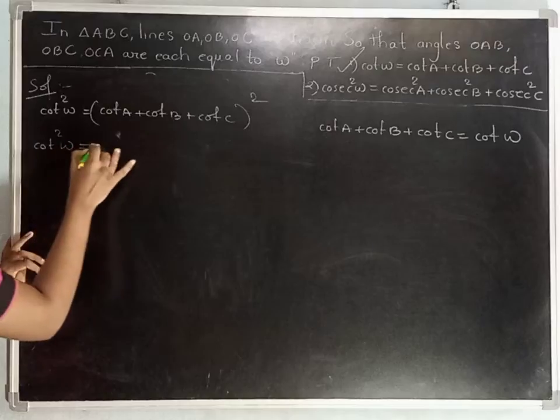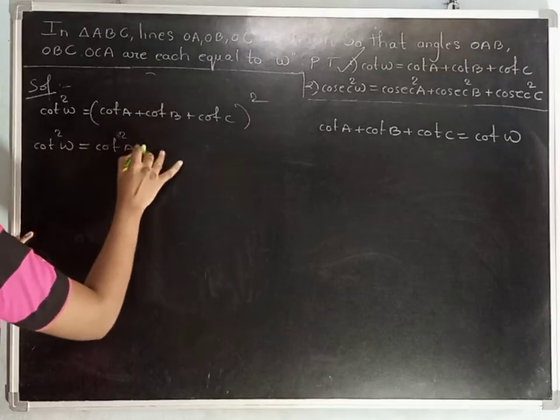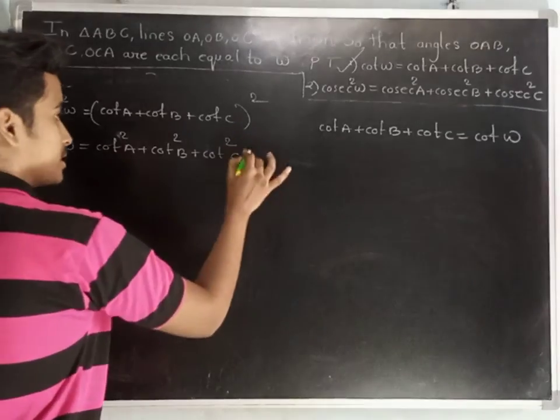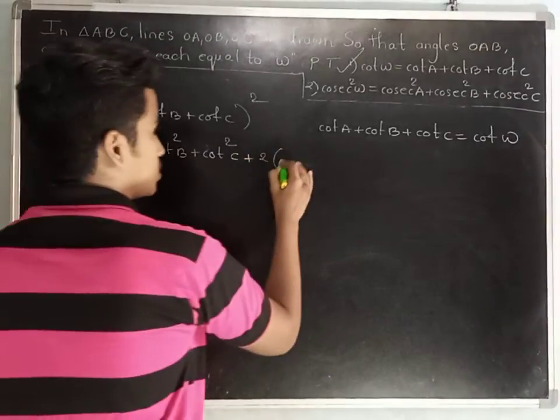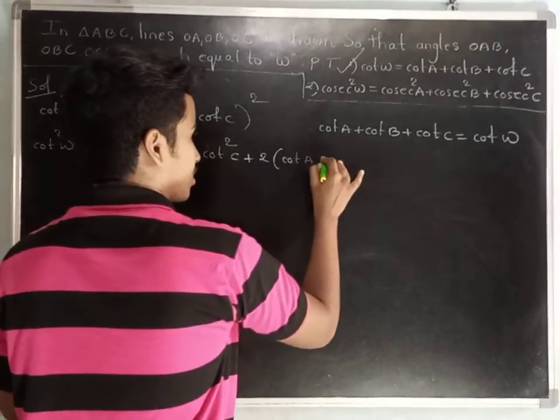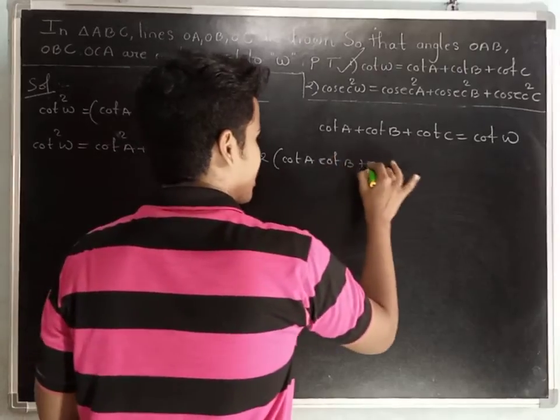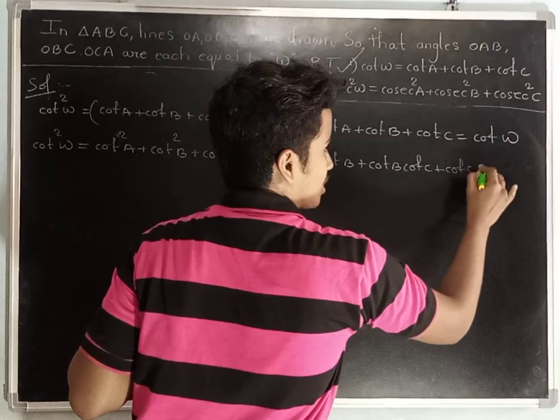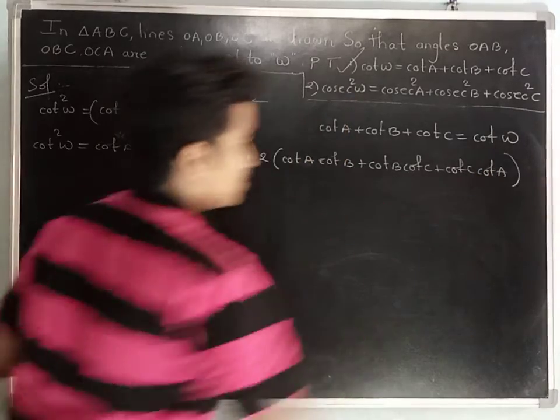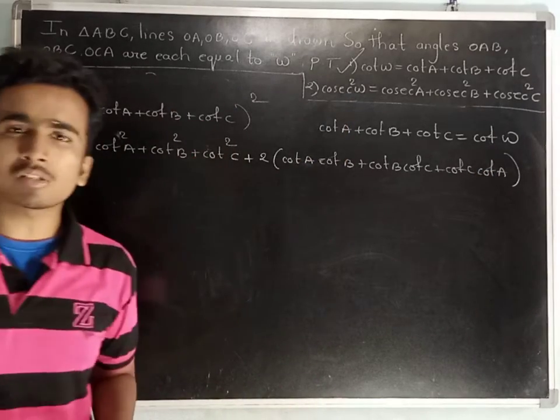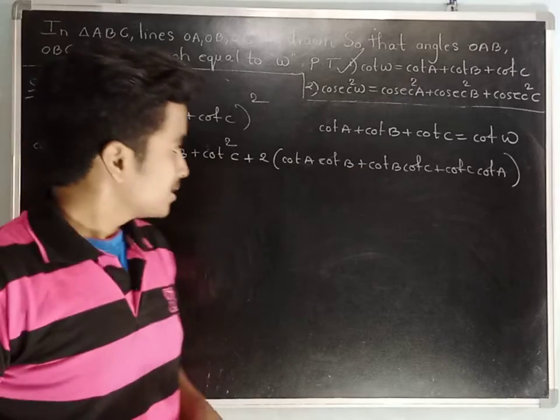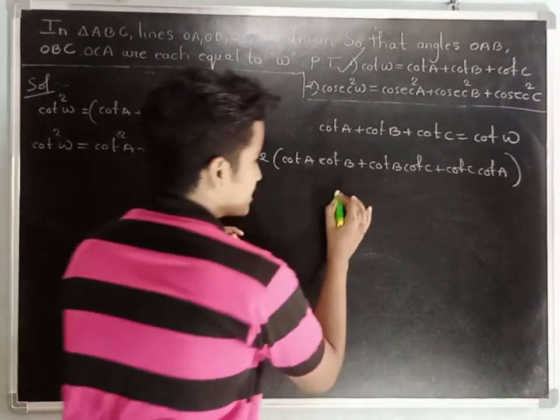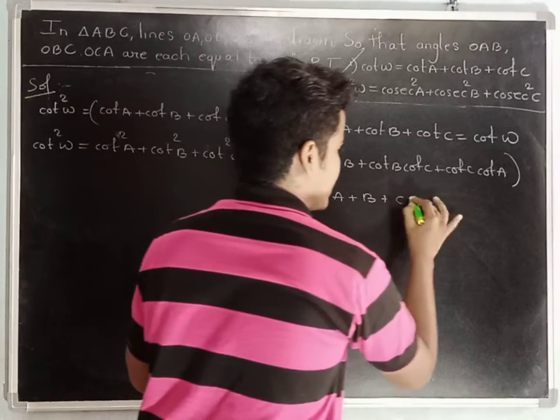Cot square omega is nothing but cot square A plus cot square B plus cot square C plus 2 into cot A cot B plus cot B cot C plus cot C cot A. Direct A plus B plus C whole square formula. In a triangle there is a property. Let me consider A plus B plus C is equal to pi.